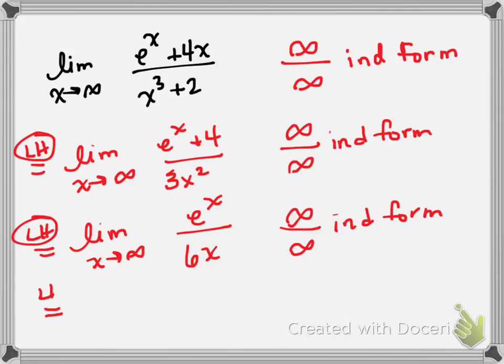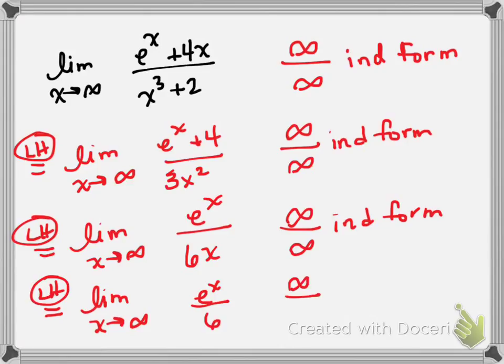So we're going to do L'Hopital's rule one more time, and we get the limit as x goes to infinity of e to the x over 6. And this time we don't get infinity over infinity, we get infinity over 6. Okay, and that's infinite. So it's not that the limit technically doesn't exist, but we can say more about it. We can say that it is infinite. It's got an infinite limit.